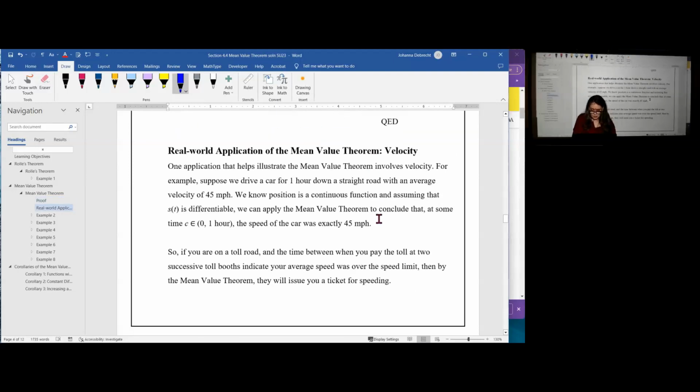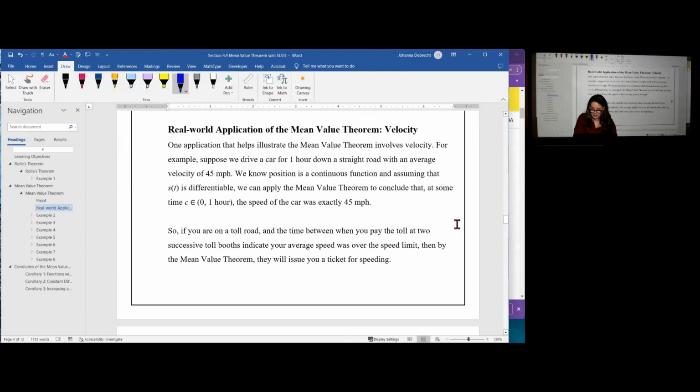Let's talk about a real-world application of the mean value theorem. You may have wondered in the past how it is that if you're traveling on a toll road, you can get a ticket without ever seeing a police officer and no radar guns. Well, let's think about it. When we're driving, we know that position is a continuous function.